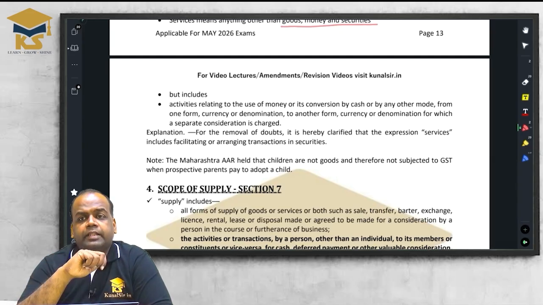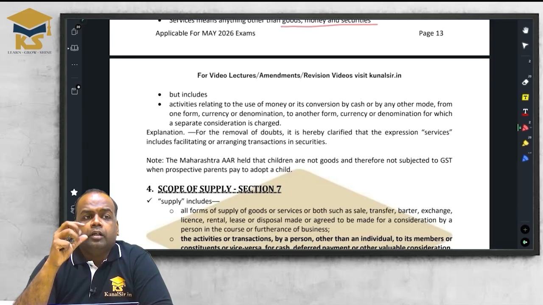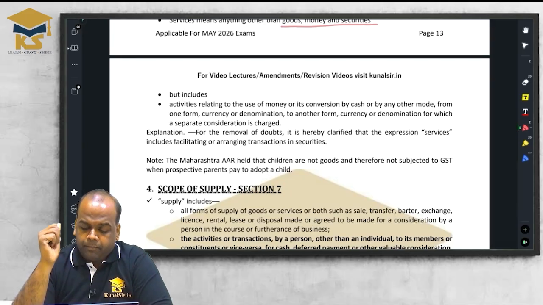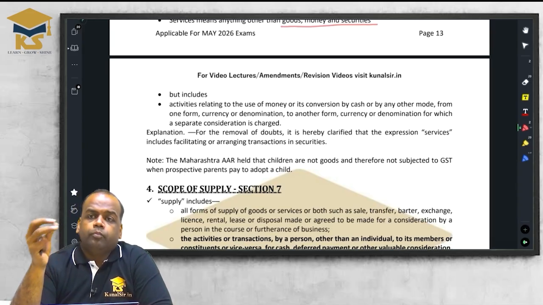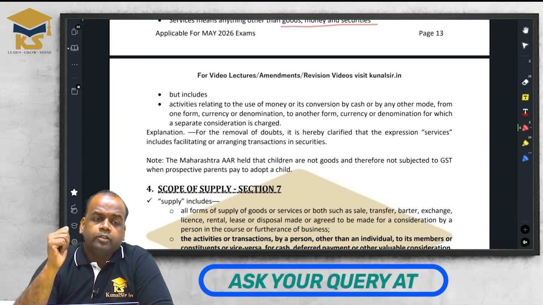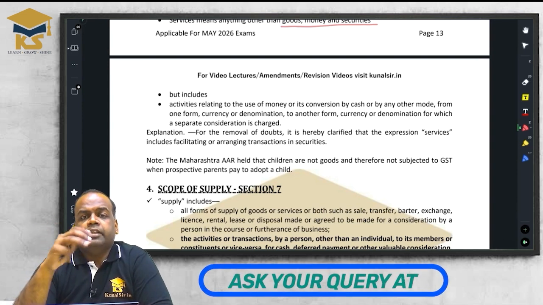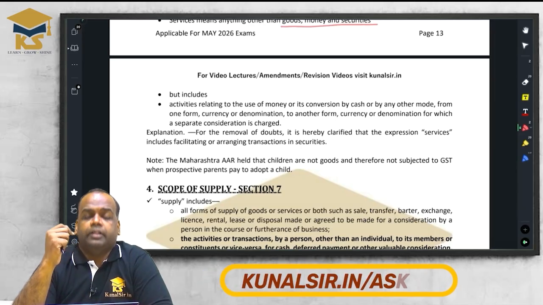So in one case, one organization went to AAR, saying, sir, we have an orphanage. We maintain kids in the orphanage. So many persons come and want to adopt the kids. Now, how will the orphanage work?